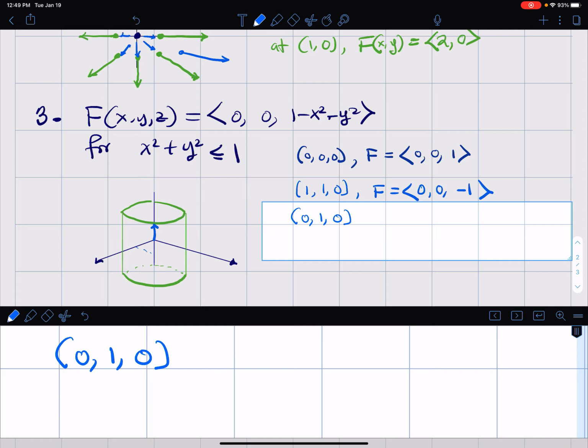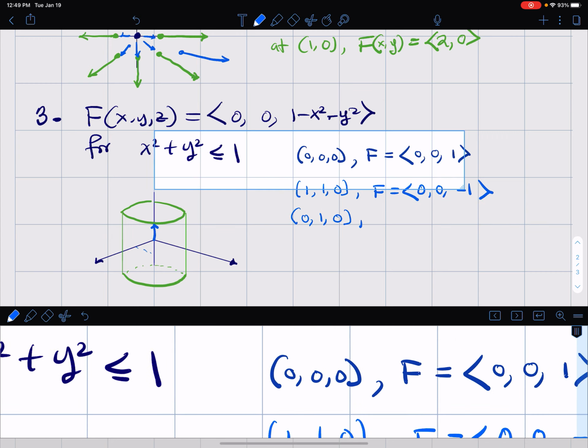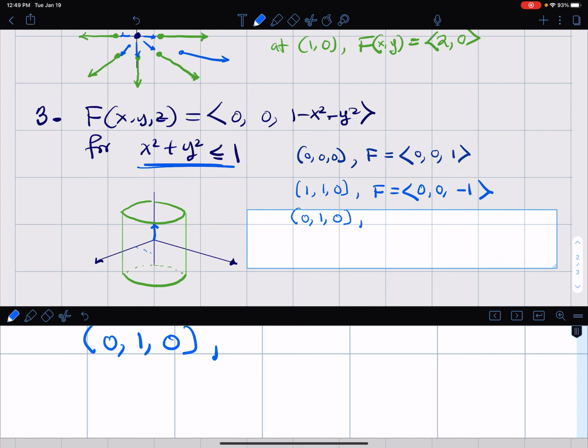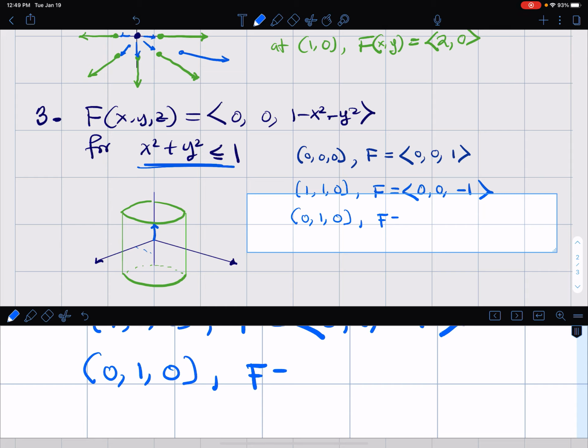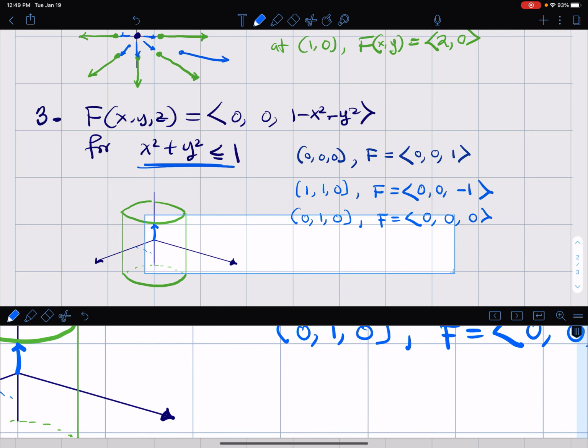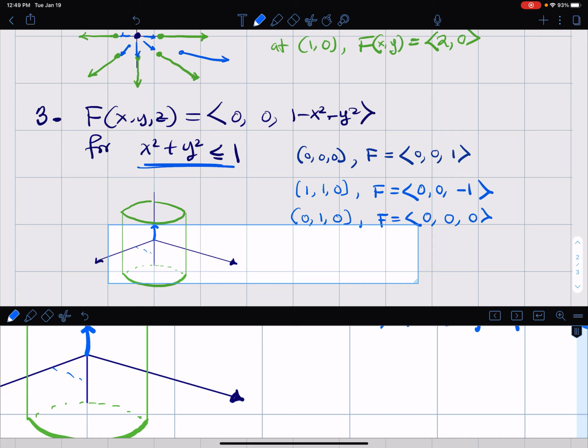If you do 0 squared plus 1 squared, that should be less than or equal to 1. So I'm just making sure it fits with that. So F is going to be 0, 0, and then 1 minus 0 minus 1, which is 0. So it's just a point, a zero vector that's there.